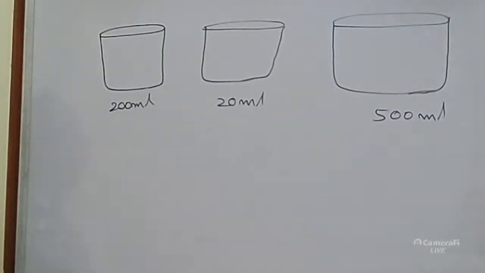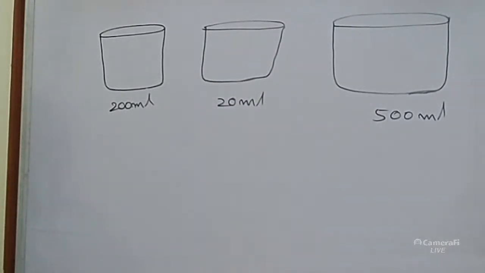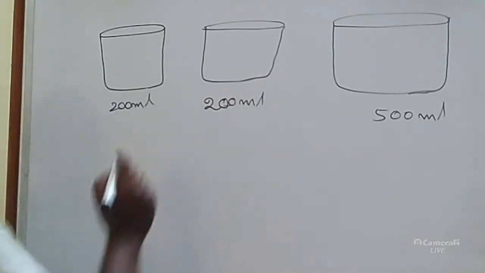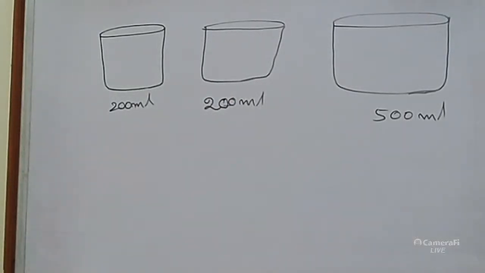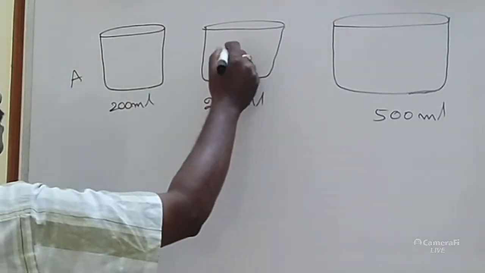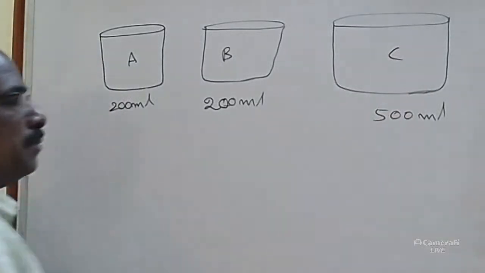So A is a 200 ml glass beaker, B is a 200 ml glass beaker, C is a 500 ml glass beaker.